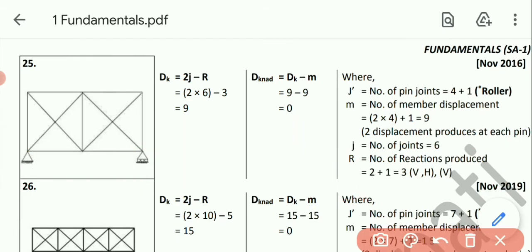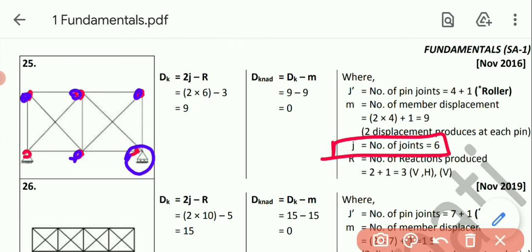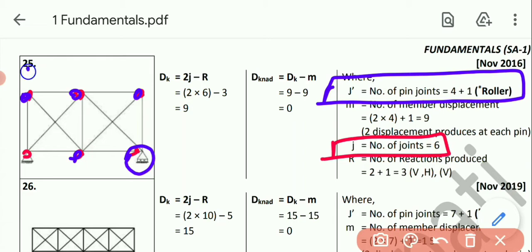Joints 1, 2, 3, 4, 5, 6, so the number of joints is 6, out of which pin joints are 1, 2, 3, 4, and over here because of the roller support 1, so 4 plus 1. Clear? M, the number of displacements at each pin joint, 2 displacements are there, so total 8, and over this one, that is 1, so 8 plus 1, 9.